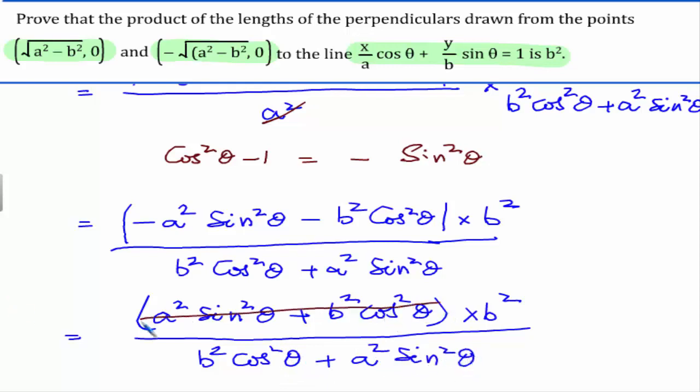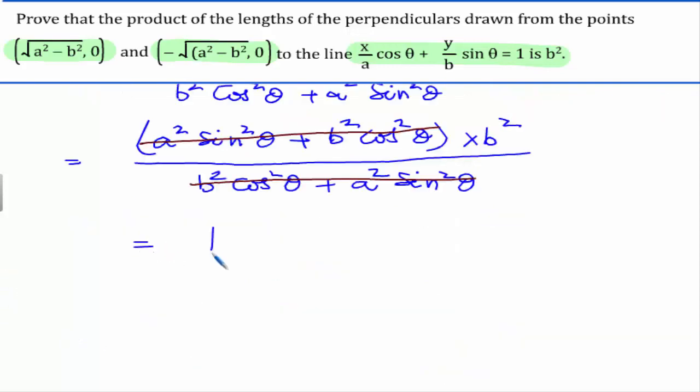Observe that these two are same, gets cancelled, so we are left with b square. This is what we need to prove. This is very typical and time consuming problem.